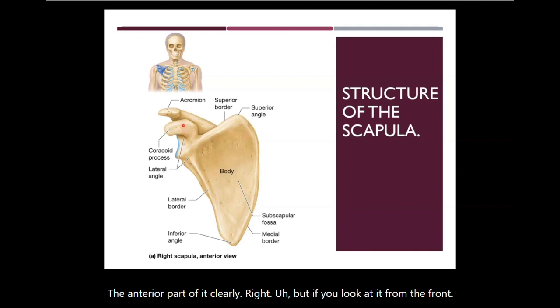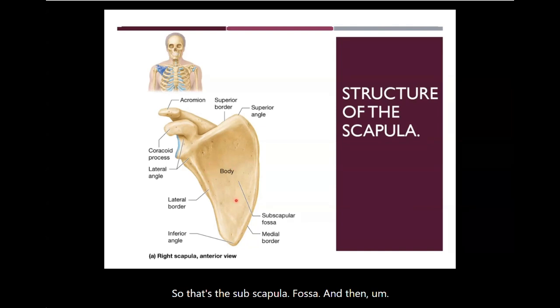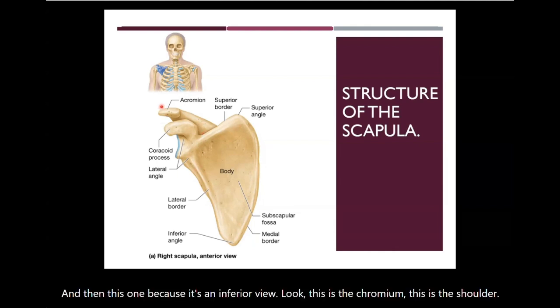But if you look at it from the front, we have this fossa here. It means the surface, so that's the subscapular fossa. It's important to pay attention to which one is the medial side and which one is the lateral side. Medial side is going to be the side that is closer to the body, and lateral is going to be on the side. Because it's an anterior view, look, this is the acromion, this is the shoulder.